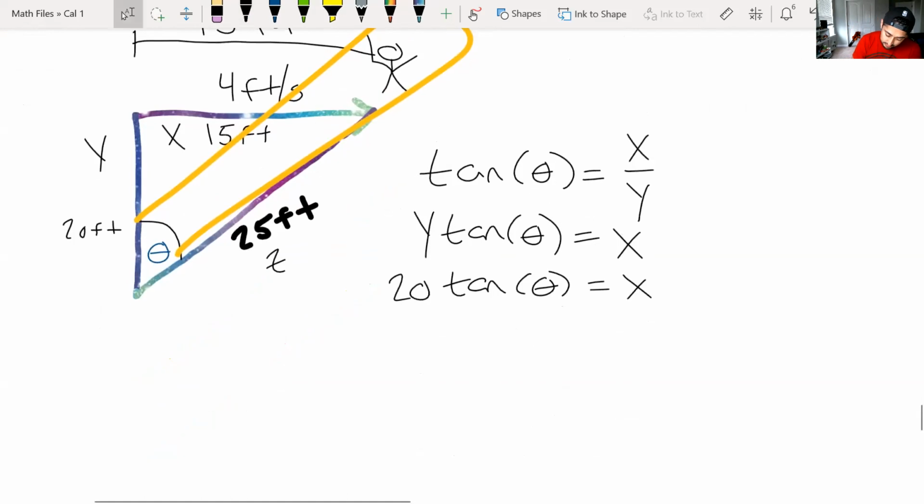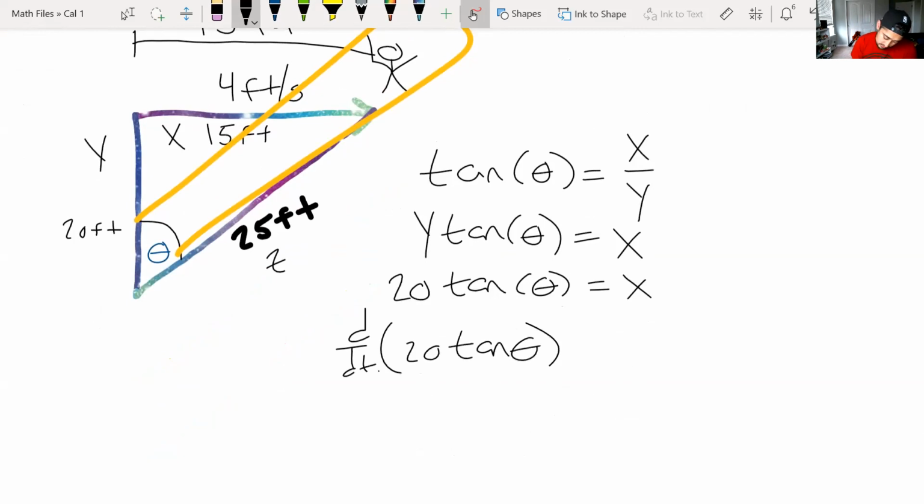So d over dt of 20 tangent theta equals d over dt of x. On the left side, 20 is a constant, so 20 will stay outside. Now remember, the derivative of tangent is secant squared theta.